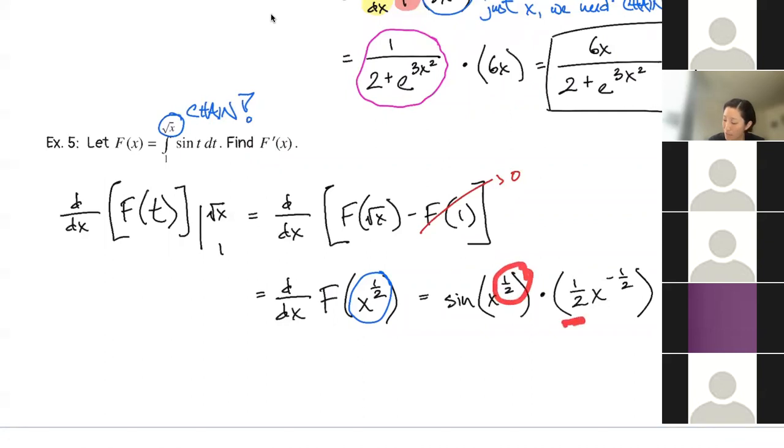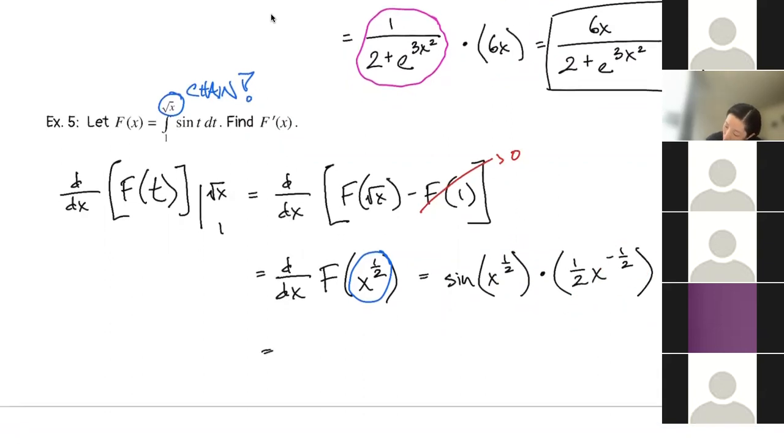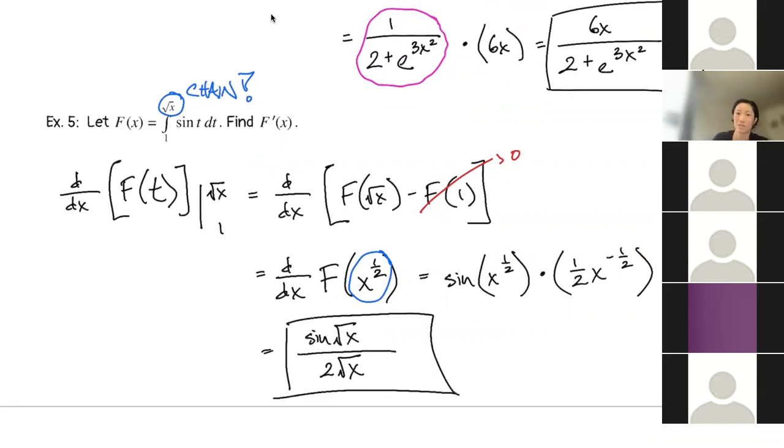We bring that power down and we take 1 away from that power. Okay. And so if we wanted to spruce this up a little bit, we might have sine of root x over 2 root x as our answer. Okay.